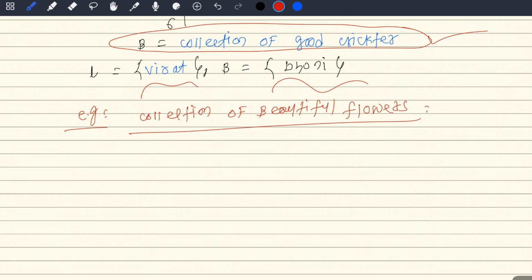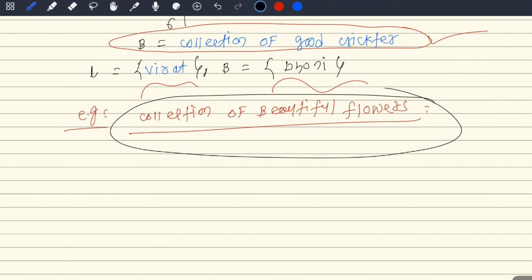For some students, rose is the beautiful flower, but for some students, lotus is the beautiful flower. Maybe for some students, lily is the beautiful flower. That means this depends on the person. So there is an ambiguity in inclusion and exclusion. That means this collection is not a set. Why not a set? Since beautiful is not well defined.